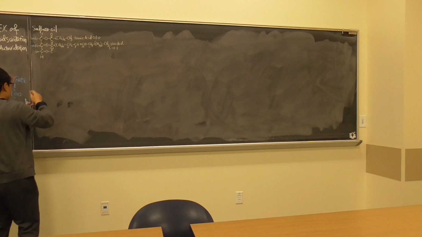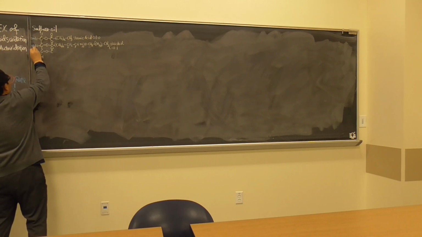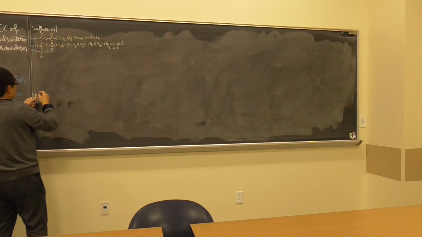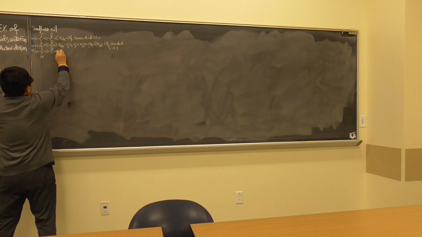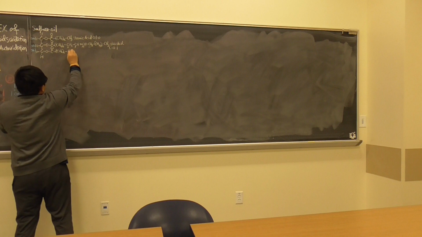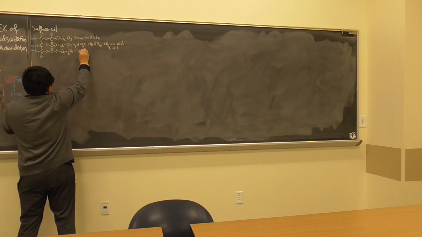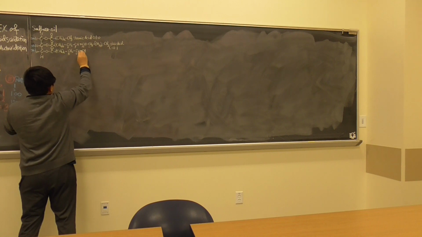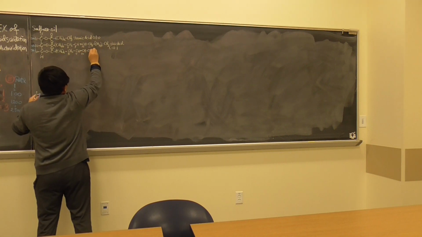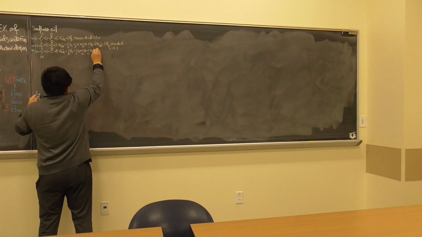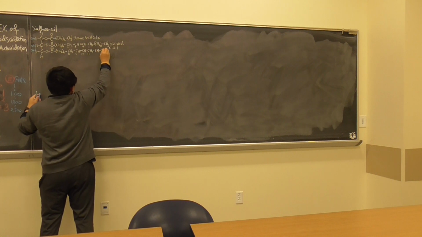How about the last one, SN3? What's the location? CH2, six times. Then go CH2. That's the 8th position. Then go CH, CH. This is 9, this is 10. So we go here CH2, 11. So you go CH, double bond, CH, 12, 13.